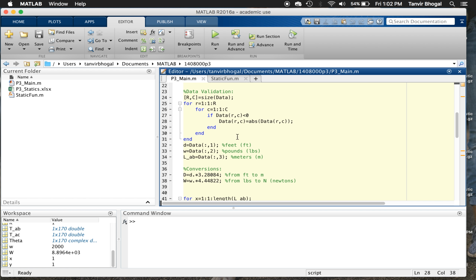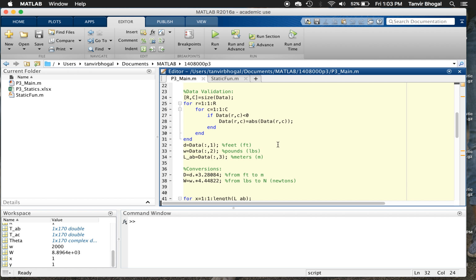As shown by this conditional here, if the data at row R, column C was less than 0, then the new data value should be the absolute value of that data value. We tested this multiple times and it worked efficiently and correctly, so we were proud of that.